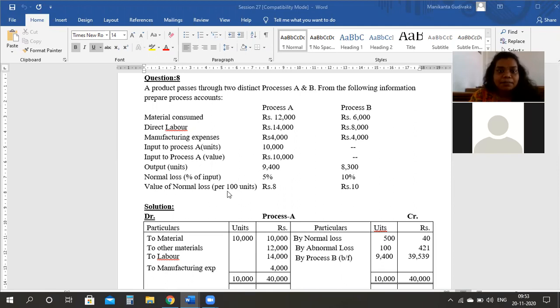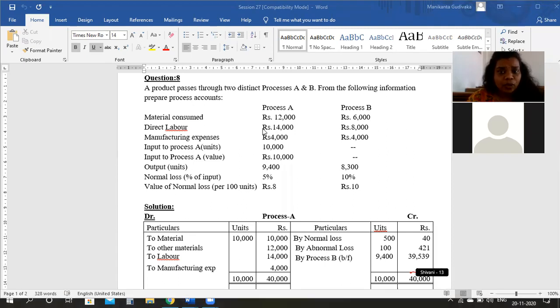And we have output also given, followed by normal loss percentage. Value of normal loss per 100. Now, this is very, very important. This is your thing for the first time. Per 100, it is 8 rupees. I will tell you how to deal with this when I get into the process account. But before that, tell me, should we go and do working note number 1 here? Yes.